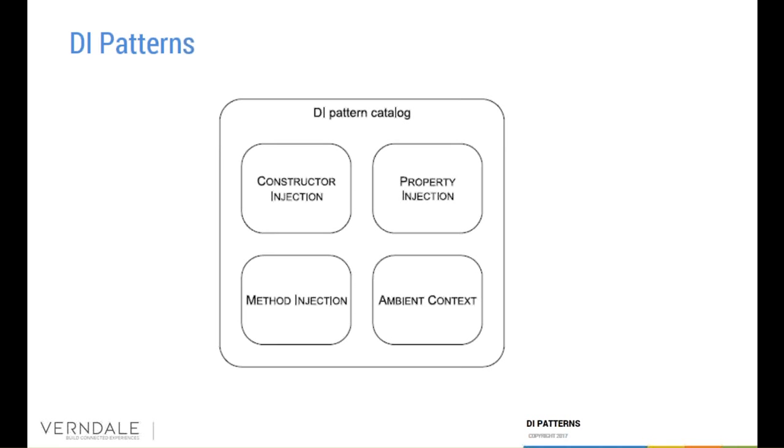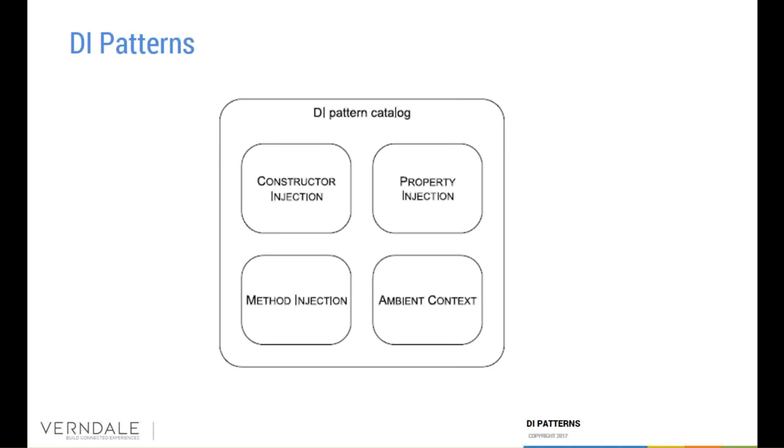Same goes for method injection, we are injecting into the individual method. This is best used when each method call has a different dependency. So that is used in that context.